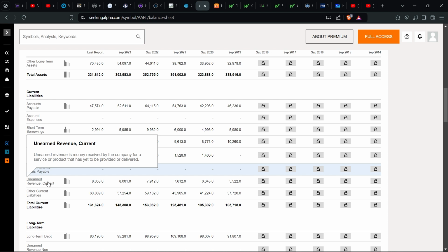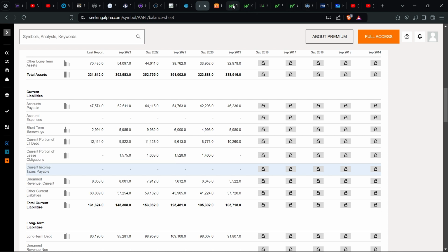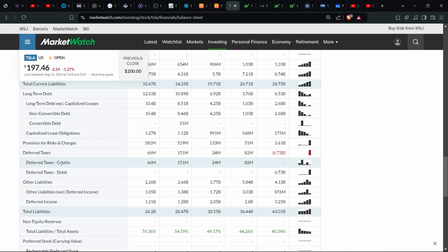It can be called unearned revenue, unearned income, deferred revenue or deferred income because it's pushed forward to the following accounting year. You can see here the deferred income is under non-current liabilities because this is income that is expected to be realized in more than 1 year.